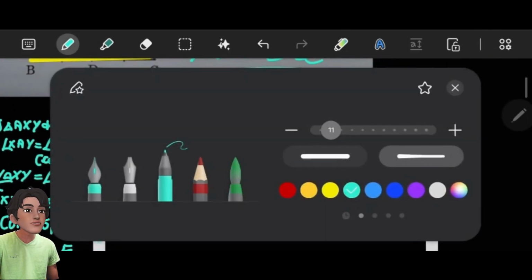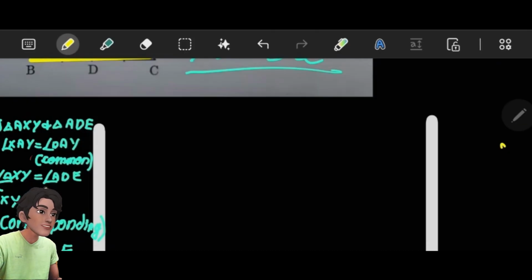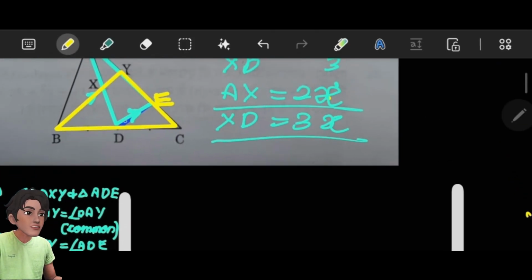Now moving on to the yellow triangle which I was talking about in the beginning of the video. Let's draw it separately.